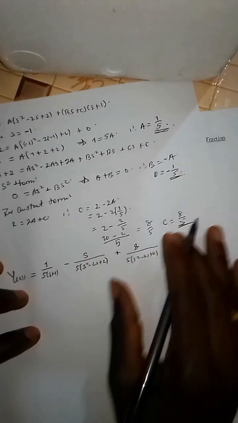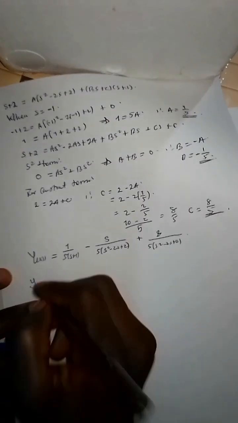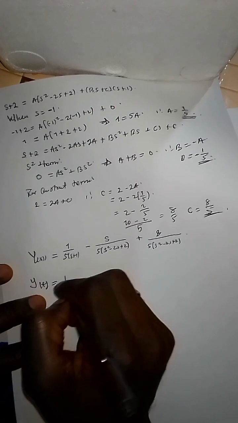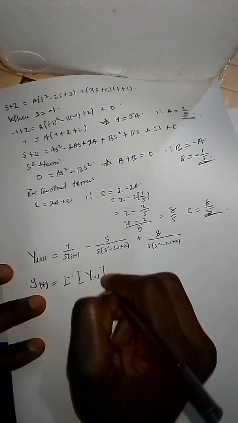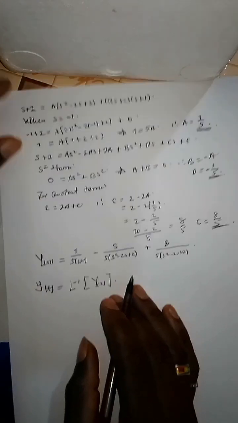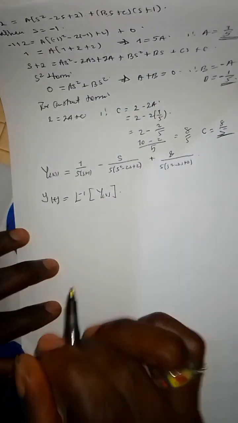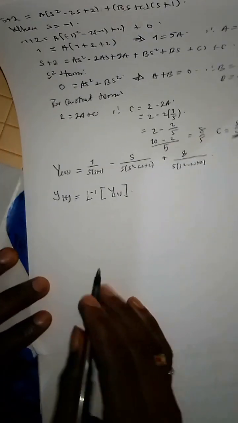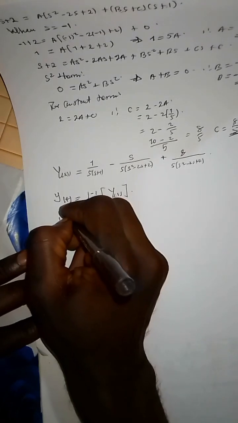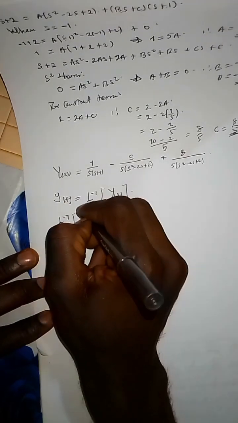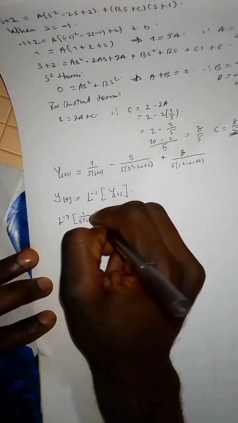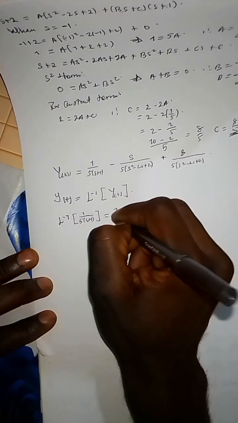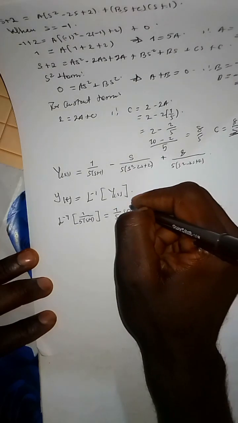Now y(t) will be equal to the inverse Laplace transform of Y(s). So we are going to be taking the inverse Laplace transform here. Now the inverse Laplace transform of 1 all over 5 into (s + 1) will give us 1 all over 5 e^(-t).